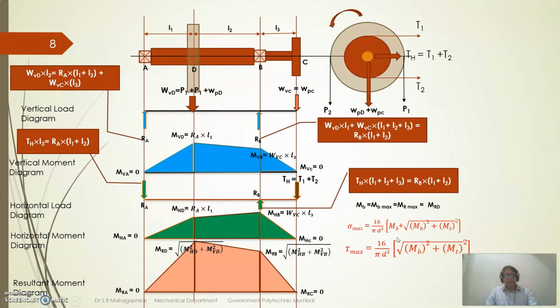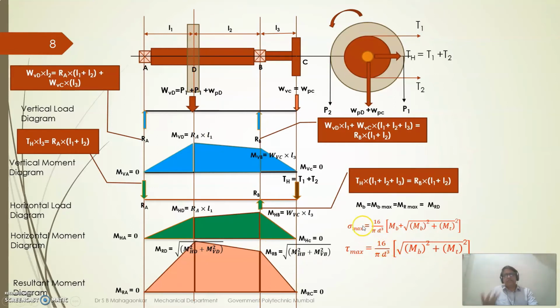Taking that MB value and putting the MT value, you already know how we can find MT: P into 60 upon 2 pi N. Taking that value, you can find the diameter based on tension, and this equation is based on shear. So we can get the overall diameter, that is, the maximum diameter we can find out.